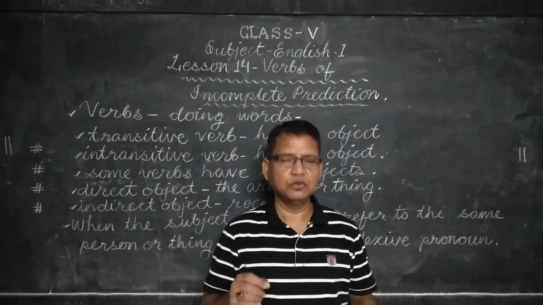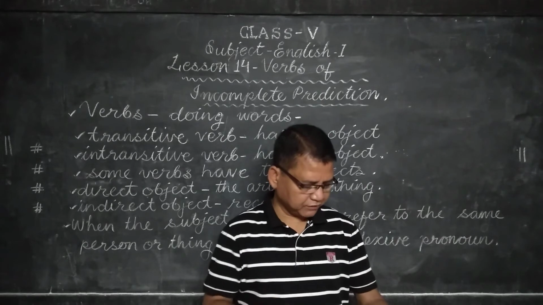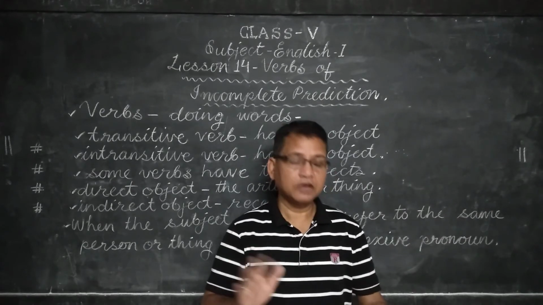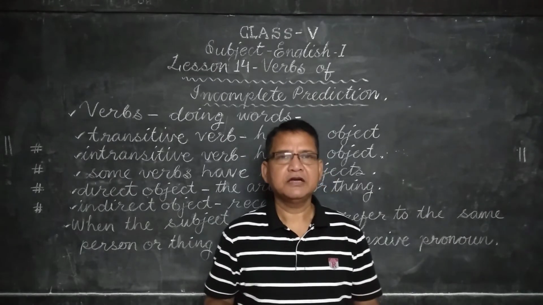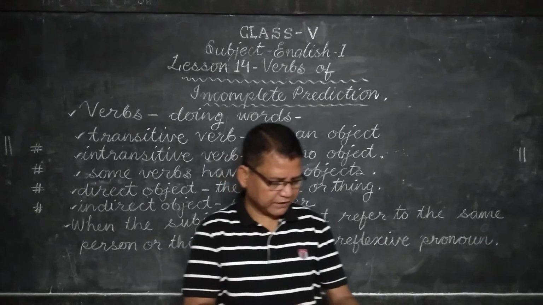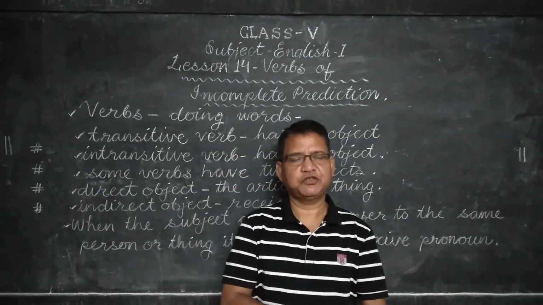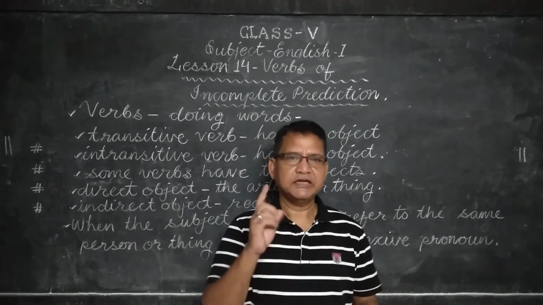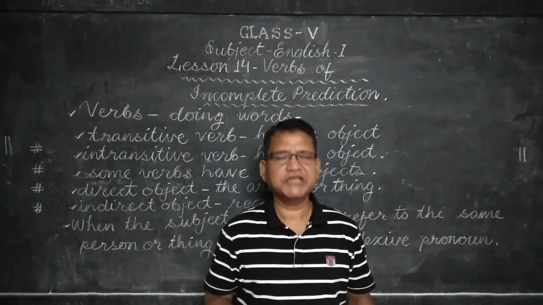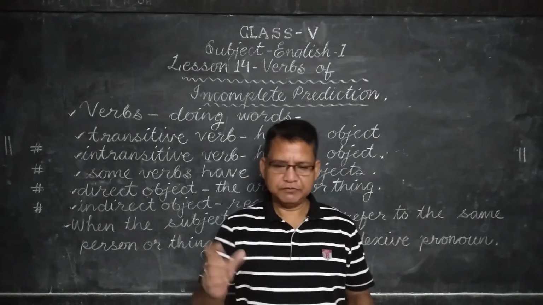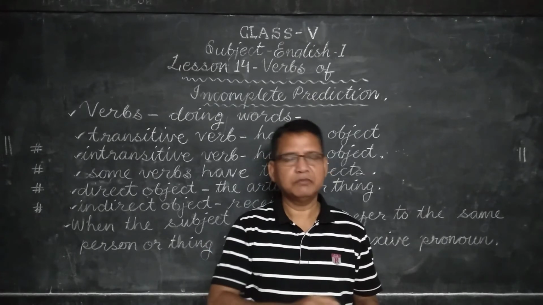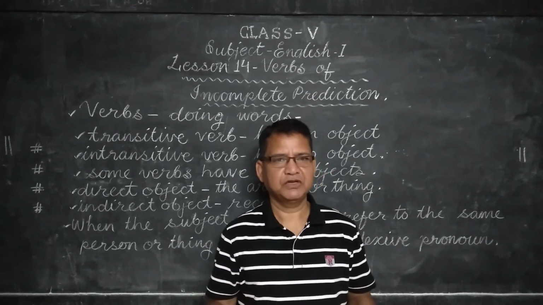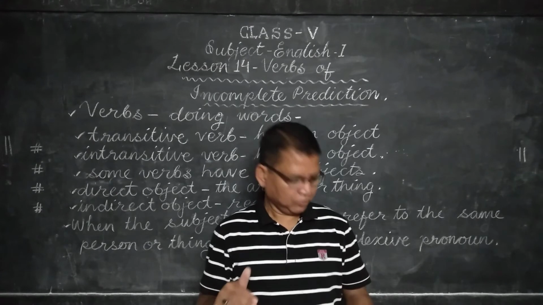Usually, as per the rule, intransitive verbs do not need objects. But in some intransitive verbs, objects are needed. If you don't write the object, the meaning is not complete. It is incomplete.